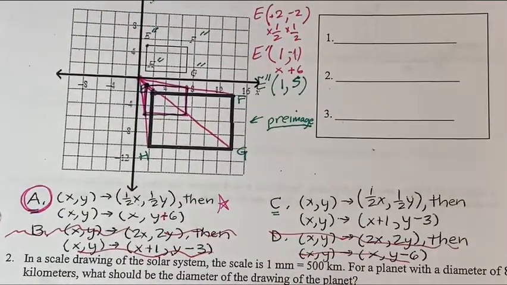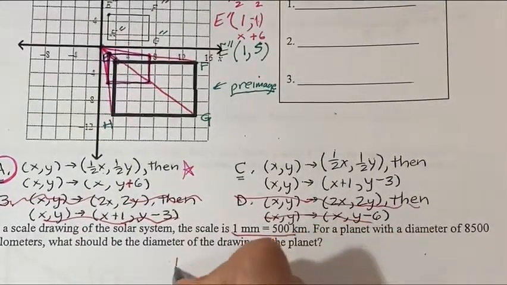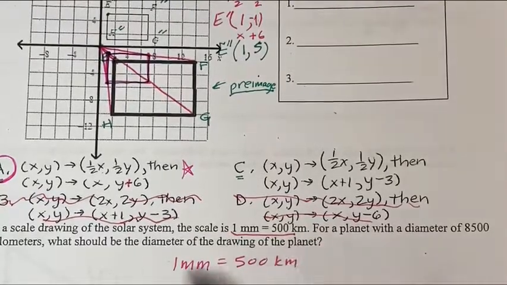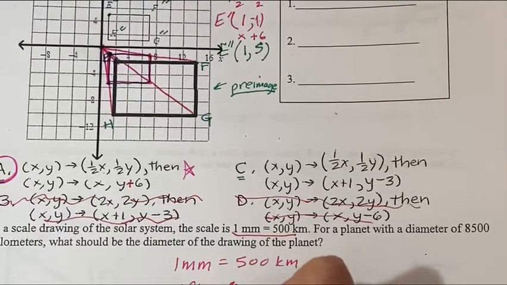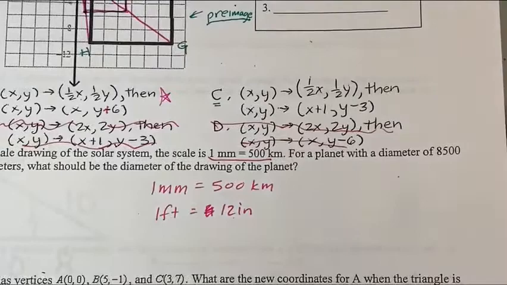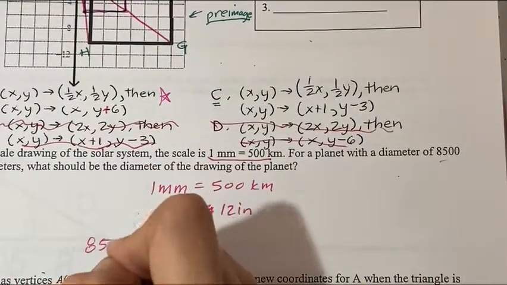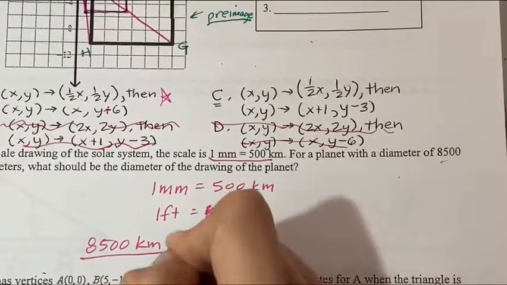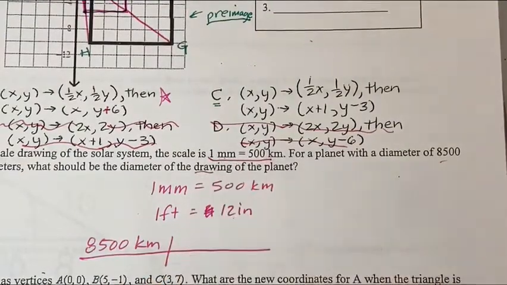Okay, next question. The scale drawing of the solar system is 1 millimeter is equal to 500 kilometers. So this is similar to 1 foot is equal to 12 inches. This is a ratio that you have to multiply by whatever you have. So you have an 8,500 kilometer diameter, and you want your answer to be in millimeters based on the drawing.